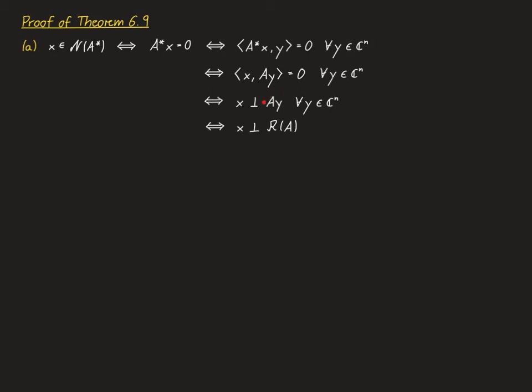But now this side here corresponds exactly to the range space of A, so we have that x must be orthogonal to the range space of A, and this means that x must be in the orthogonal complement of the range space of A. And since all the steps that we have made are bidirectional, we're done with our proof, and we can conclude that the null space of A star equals the orthogonal complement of the range space of A.